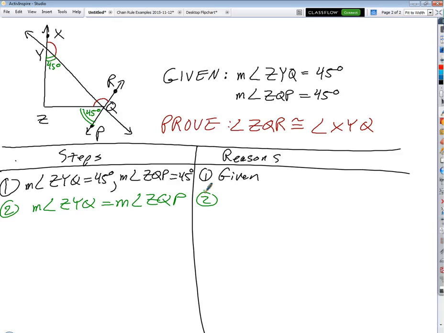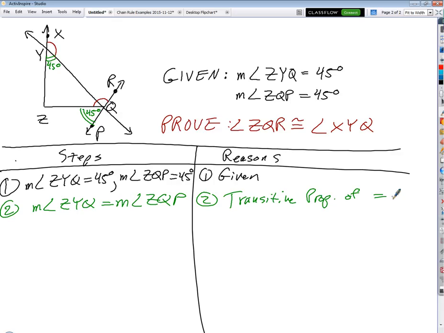If the measure of angle ZYQ equals 45 degrees and 45 degrees equals the measure of ZQP, then transitive. Probably you could also say substitution, but didn't we say we're going to stick with transitive in those situations? Transitive property of equality, right?